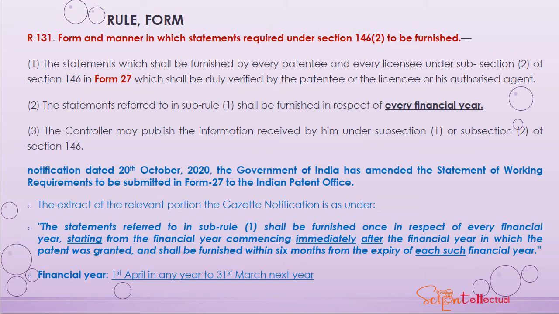And the time period is that it will be submitted in respect of every financial year. The financial year starts from 1st April of any year and ends on 31st March of the next year.